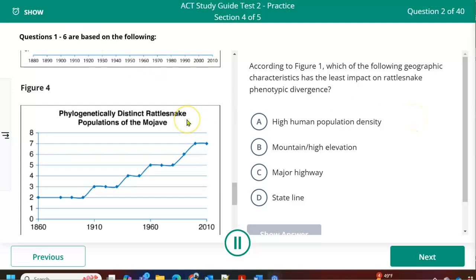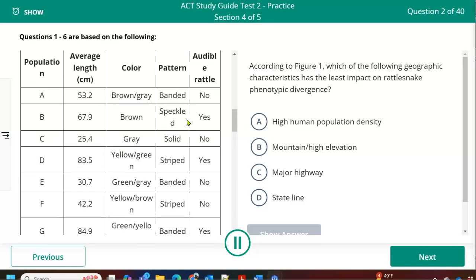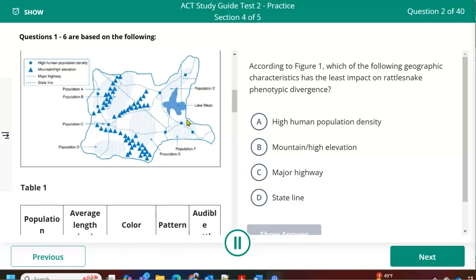According to Figure 1, which of the following geographic characteristics has the least impact on rattlesnake phenotypic divergence? Human population density, which is these dots here. Mountains, high elevation, that's the triangles. Major highway, that's the solid lines, and state line, which is the dotted line.